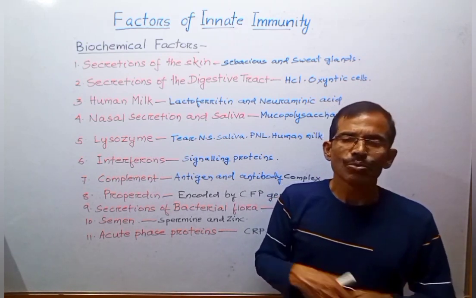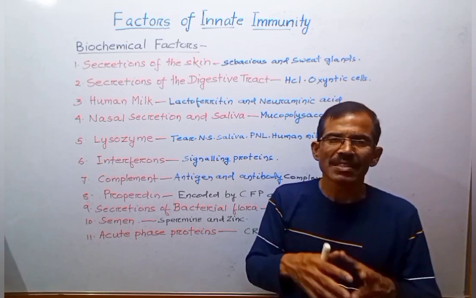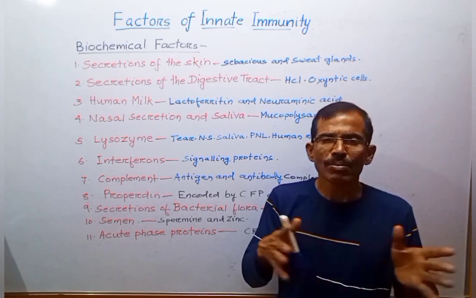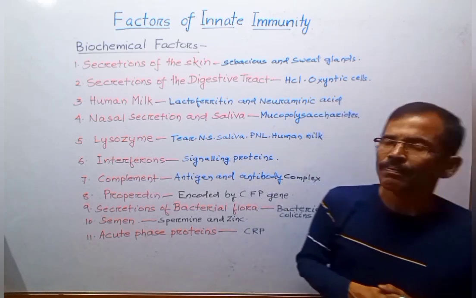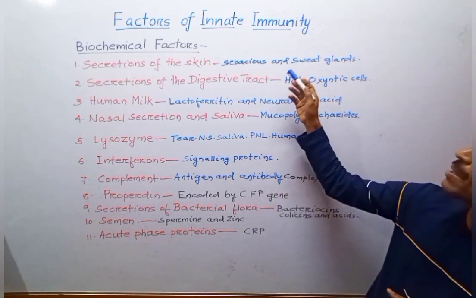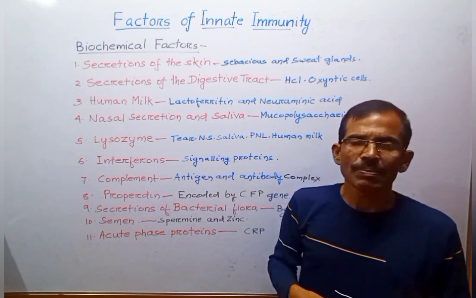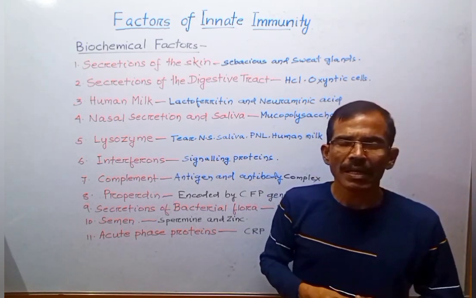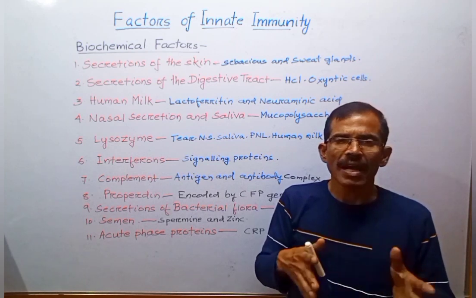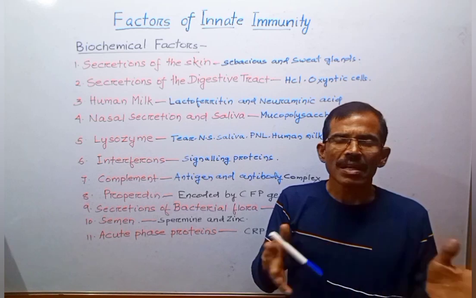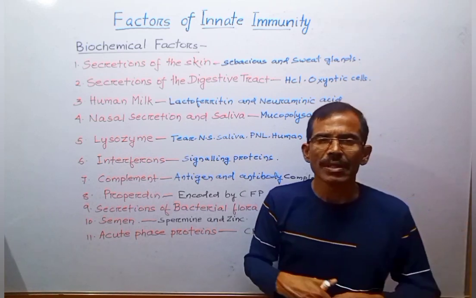In addition, sweat is also slightly acidic, and this acidity also has microbicidal activity. The secretions of the sebaceous and sweat glands serve as antiseptics, as they contain lactic acid and fatty acids, which have bactericidal and fungicidal activity.